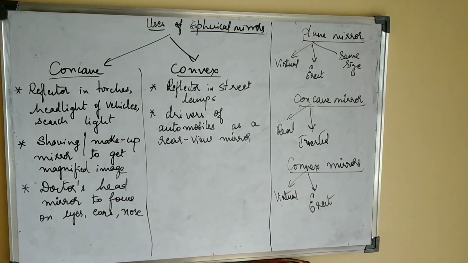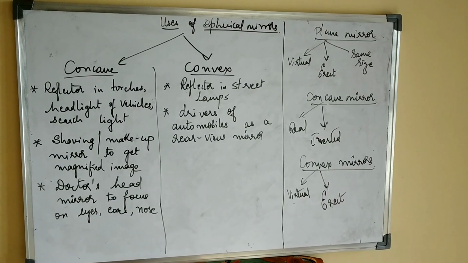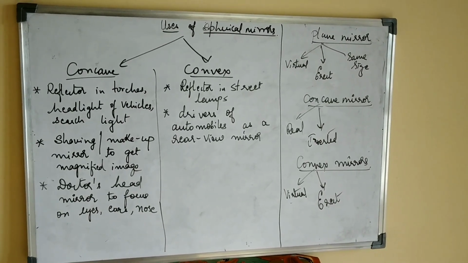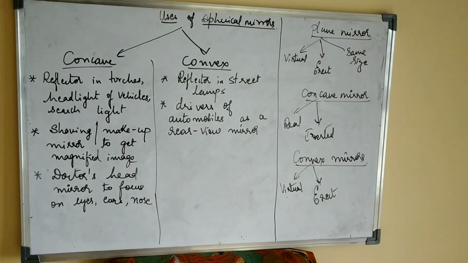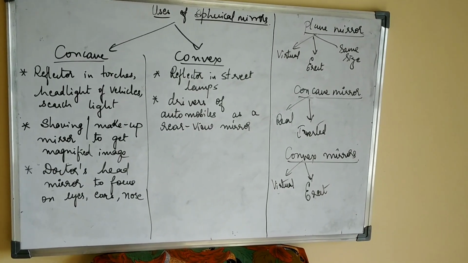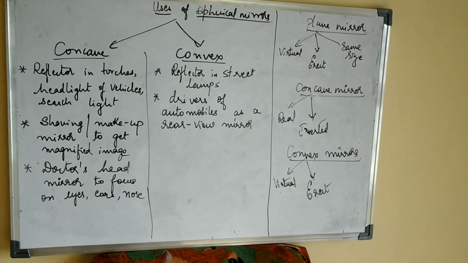Now coming to the uses of spherical mirrors. The first are concave mirrors. Concave mirrors are used as reflectors in torches, headlights of vehicles and searchlights. They are used in shaving or makeup mirrors to get a magnified image. We have all seen that.